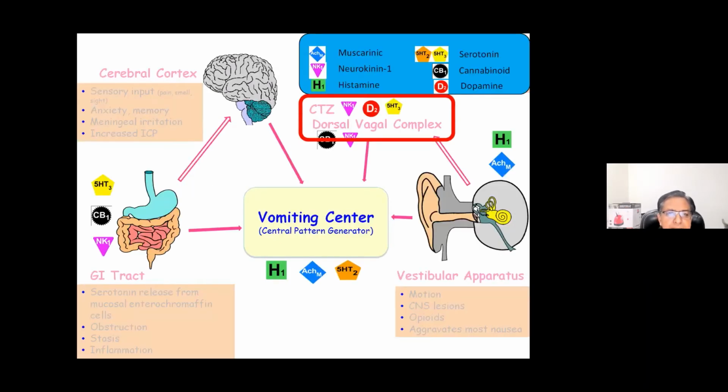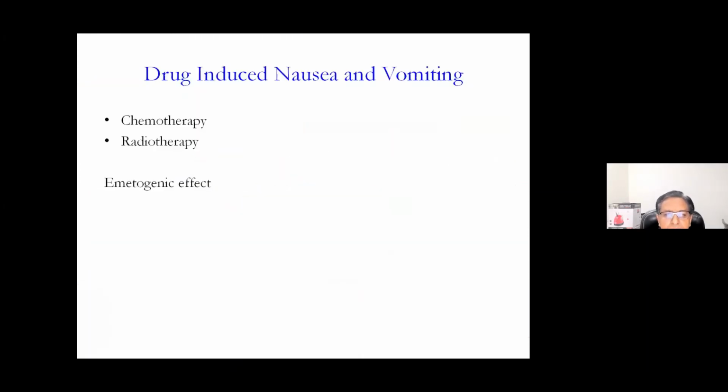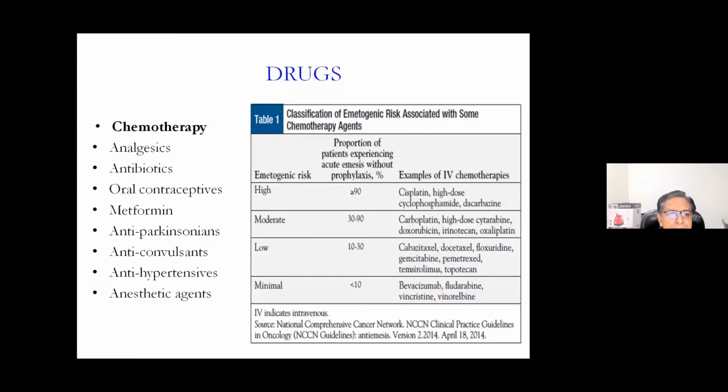So when we say chemotherapy-induced nausea and vomiting, it is primarily the receptors that are being activated at the chemoreceptor trigger zone, and that needs to be looked for.